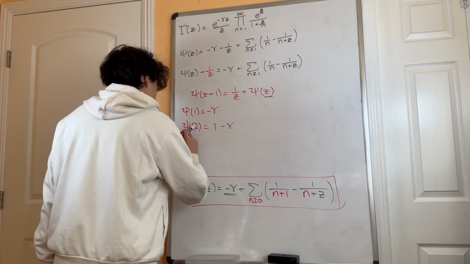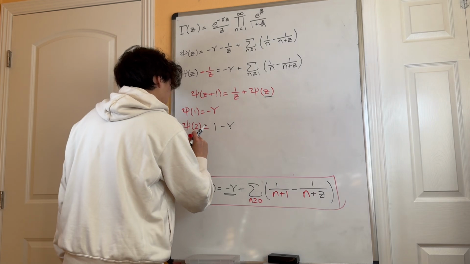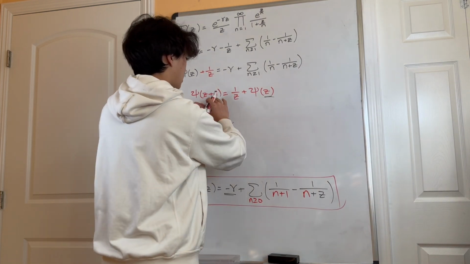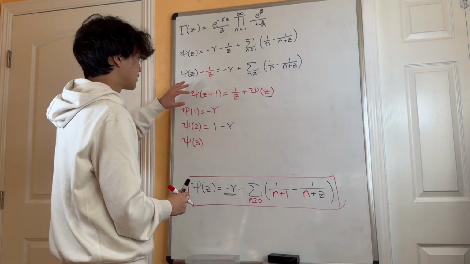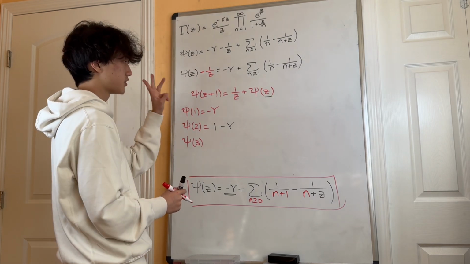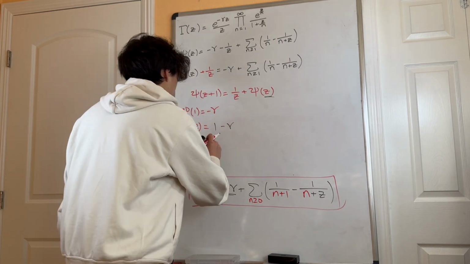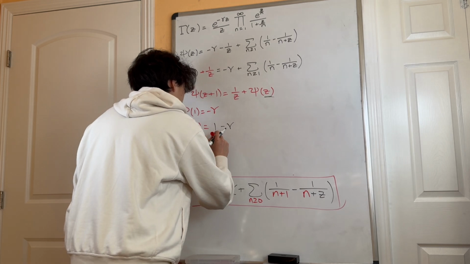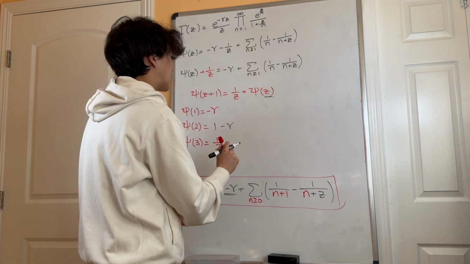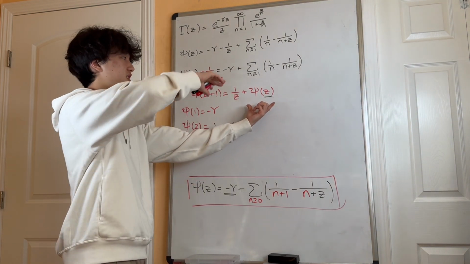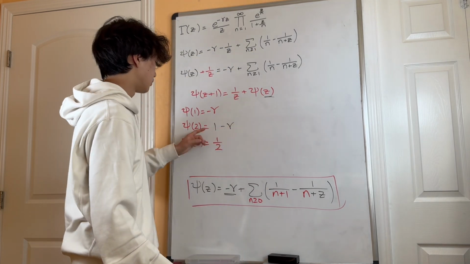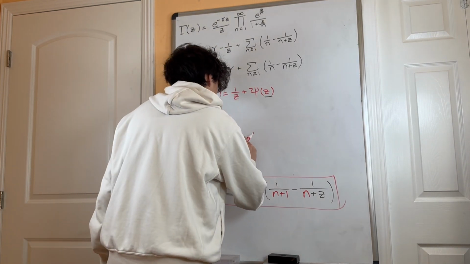Then we can continue this. So digamma of 3, how would we find that? Well, plug a 2 into all of these z's up here. On the left-hand side, you get digamma of 2 plus 1, which is 3. Here you get 1 over 2, and then plus the digamma of 2, which is 1 minus gamma. So plus 1 minus gamma.